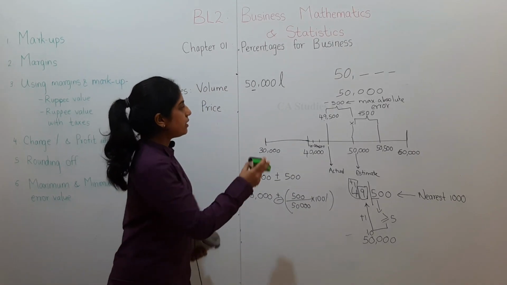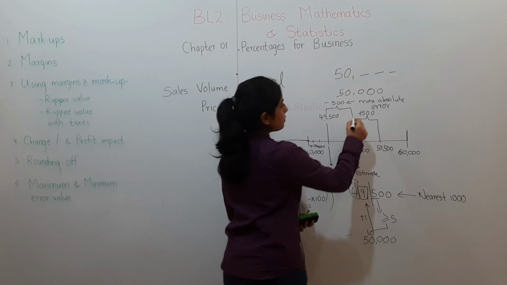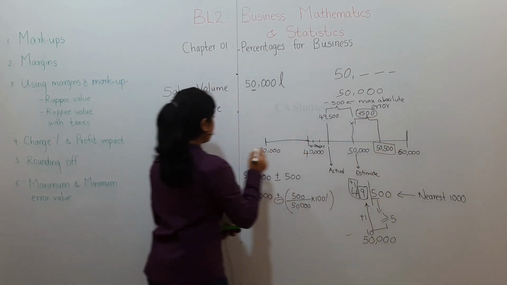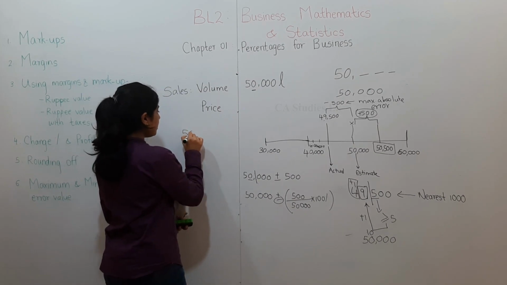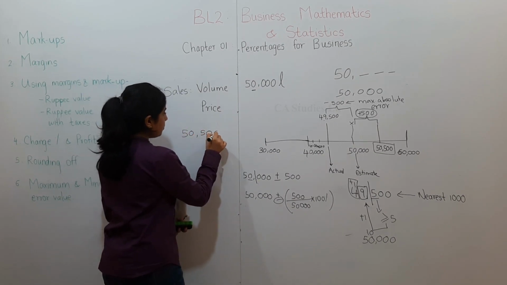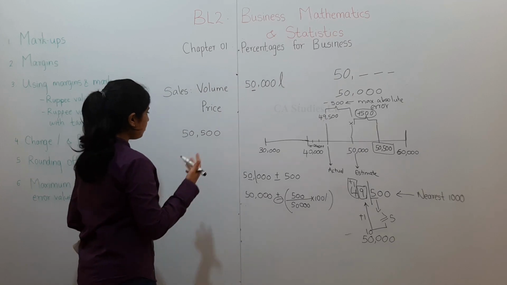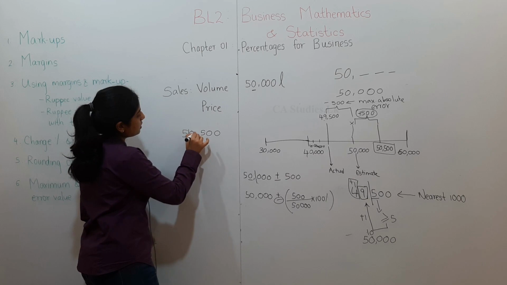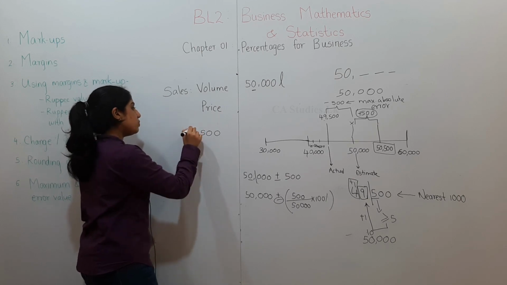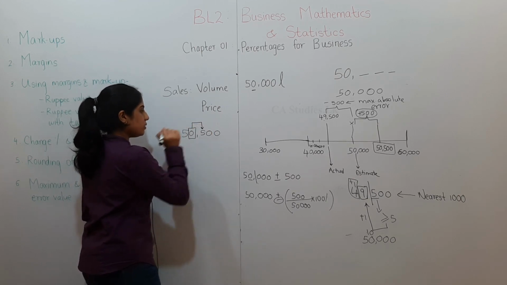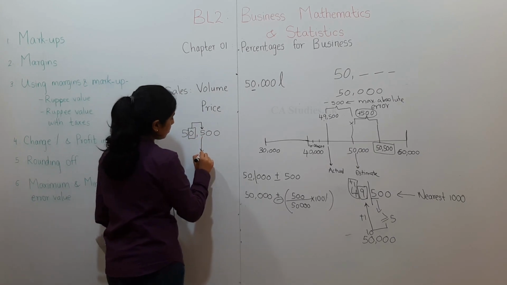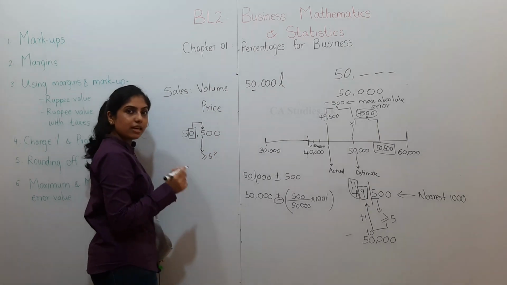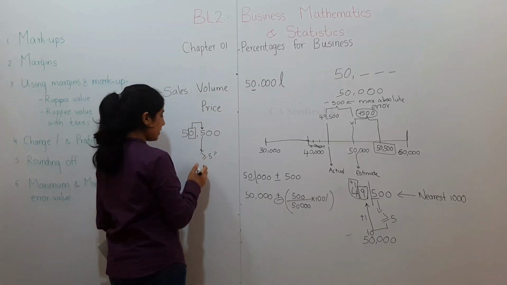But when using the plus 500, you get 50,500. Now check and see 50,500. If you want to round off to the nearest 1000, your place value digit is this 0. Then you again look at the number after it. Is it greater than or equal to 5? It is equal to 5.